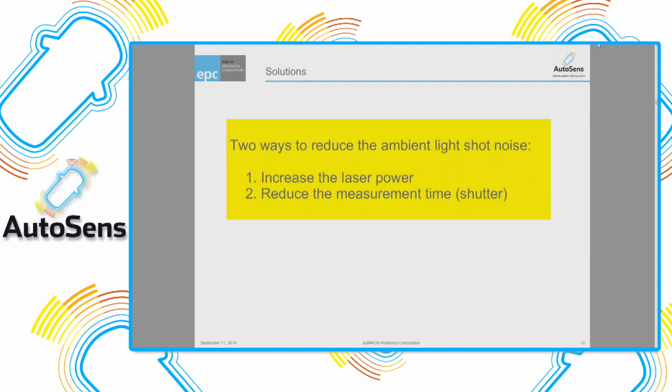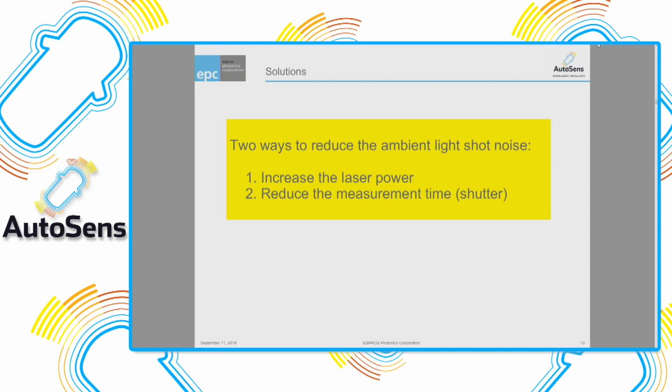And there are typically 2 ways to reduce the ambient light shot noise. Increase the laser power so that the shot noise is the same, but the reflected light power is higher, or reduce the measurement time. Reducing, let's say, the 1.8 microsecond shutter time to, let's say, 1 microsecond or 100 nanoseconds or even shorter.